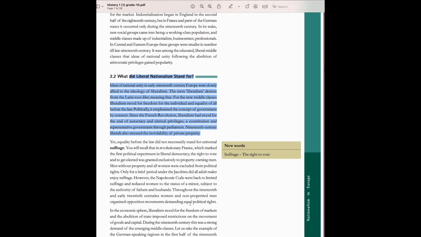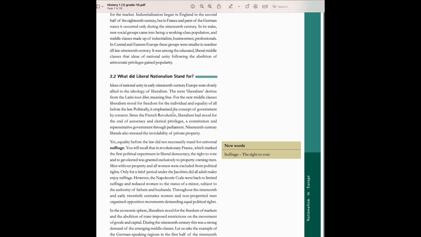2.2 What did liberal nationalism stand for? Ideas of national unity in early 19th century Europe were closely allied to the ideology of liberalism. The term liberalism derives from the Latin word liber, meaning free. For the new middle classes, liberalism stood for freedom for the individual and equality of all before the law.